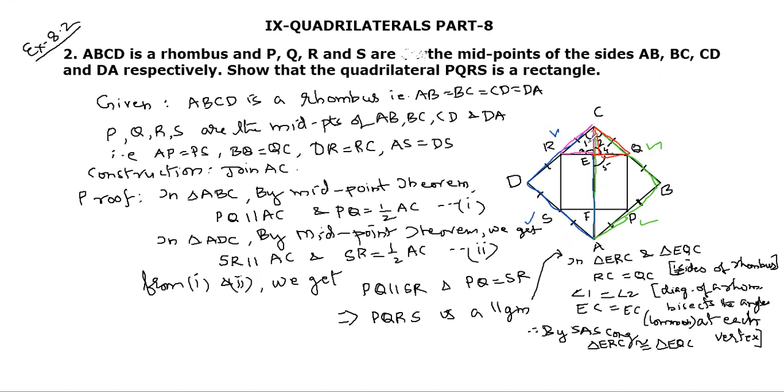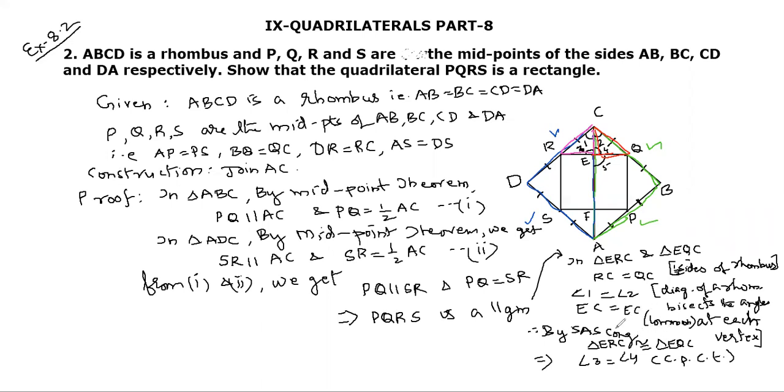When they are congruent, then this angle 3 will be equal to angle 4 by CPCT: corresponding parts of congruent triangles are congruent.